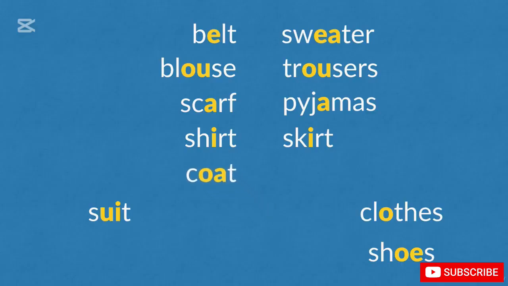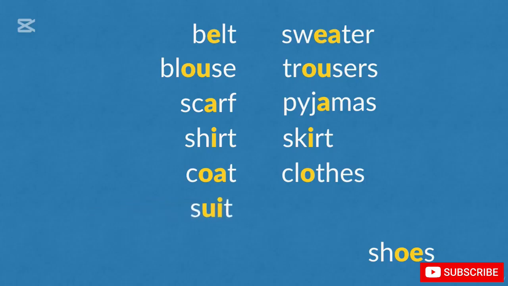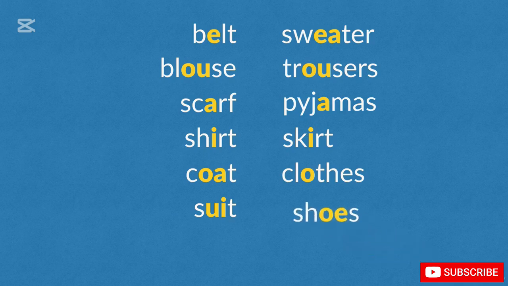Next one is coat. Coat. It's clothes. Clothes. And the last one, suit. Oo goes with, of course, shoes. Oo vowel sound.